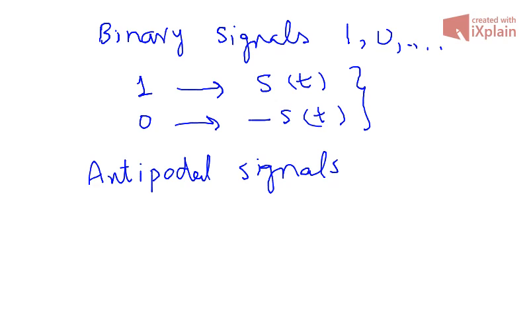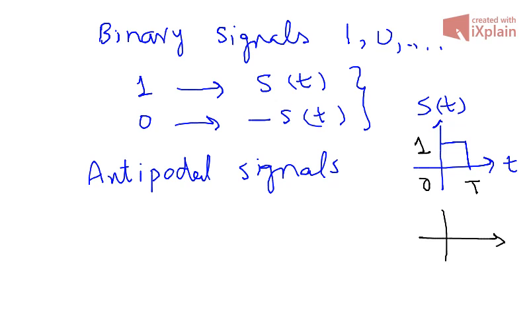Just for simplicity, you can always assume that this s of t is a pulse from 0 to T with unity amplitude. So you have a binary antipodal signal. The minus s of t would be a negative pulse from 0 to T, it would be minus 1.